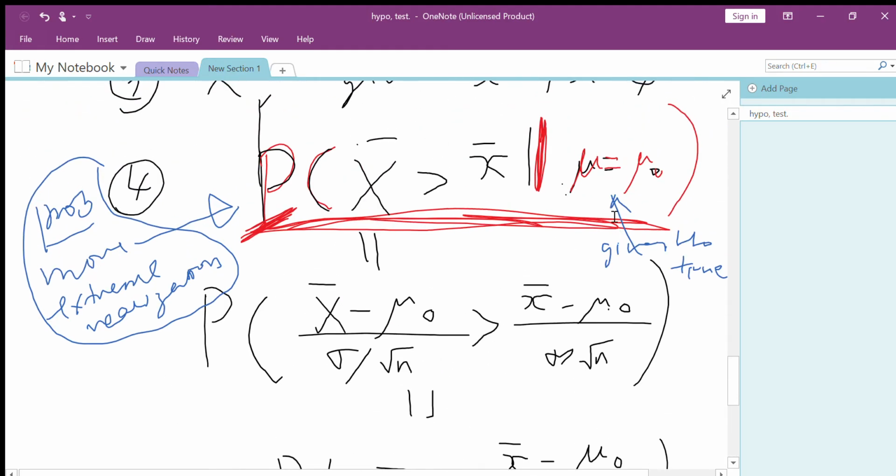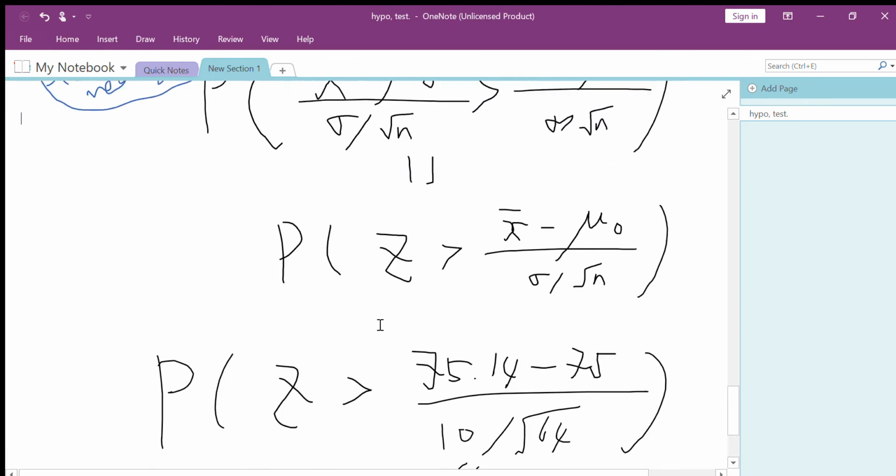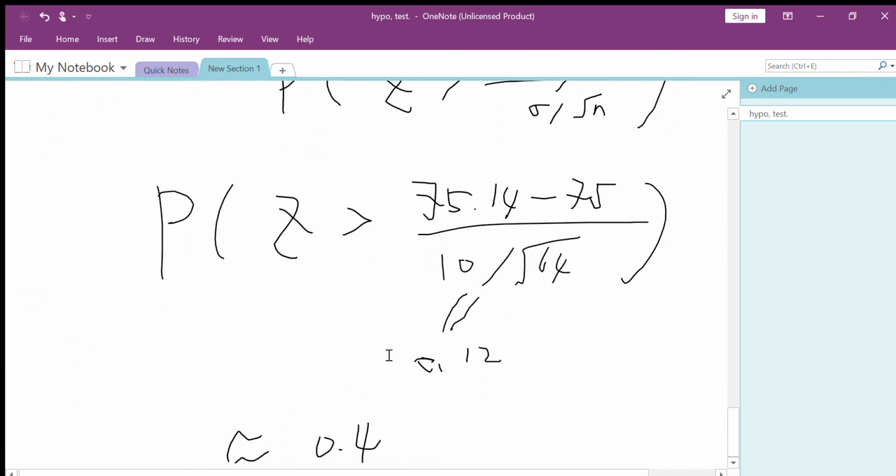Why? Because if H0 is true, we can get such a realization or an even more extreme realization, which supports H alternative, with high probability, which is 40%.